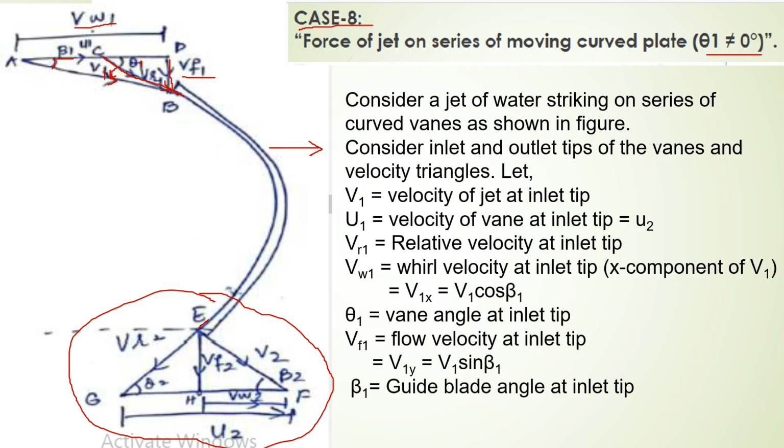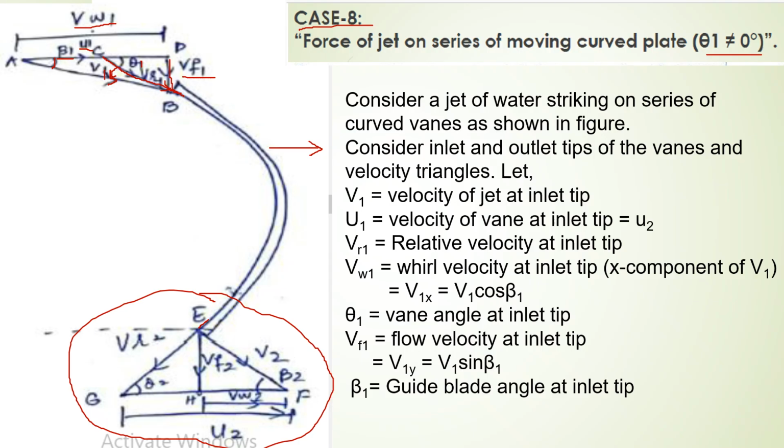In that way we can define our velocity components. And U1 is the total velocity V1's horizontal component VW1 minus the horizontal component from C to D, so that should be U1.